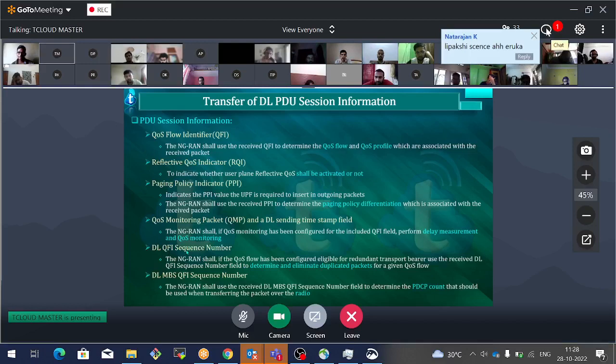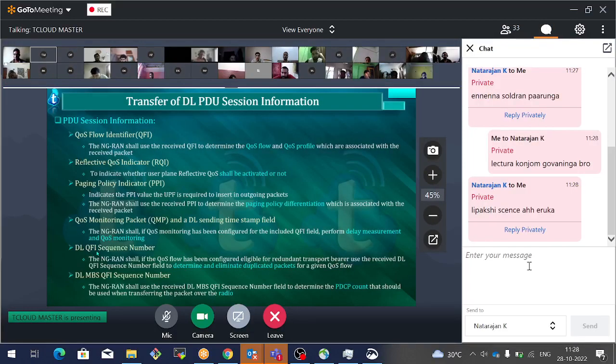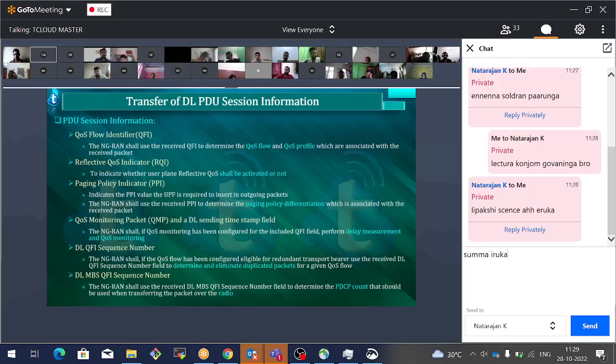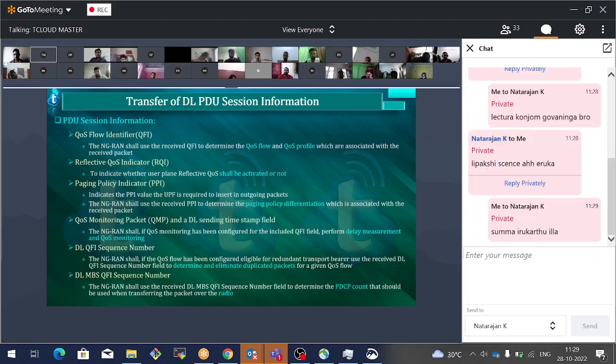Downlink QFI sequence number. You can add a sequence number for the IP packets when you are packing it into GTPU, but you don't require a sequence number in normal scenarios.